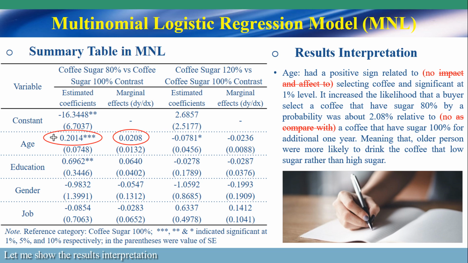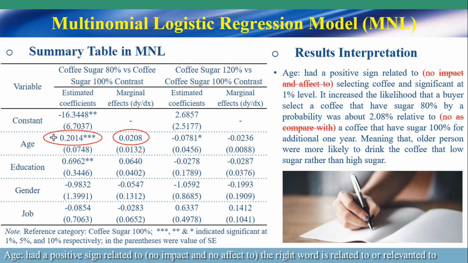Let me show the result interpretation. Age had a positive sign related to selecting coffee. The right word is "related to" or "relevant to", not "no impact" or "no effect to". Age had a positive sign related to selecting coffee and significant at 1% level.